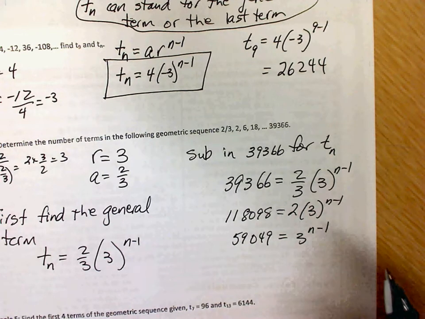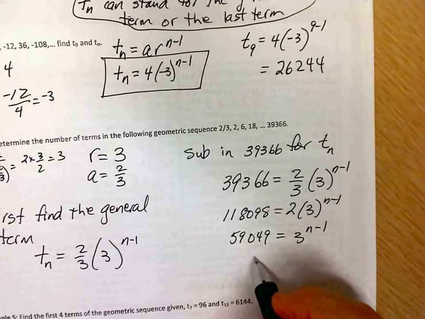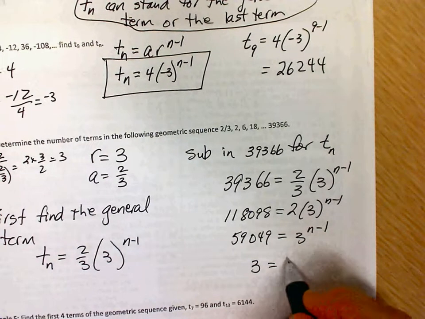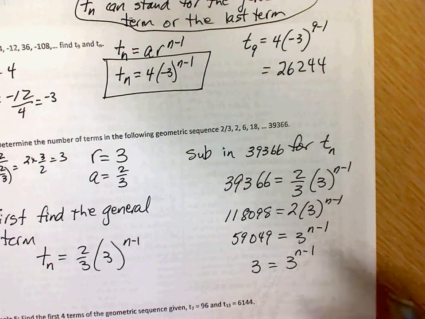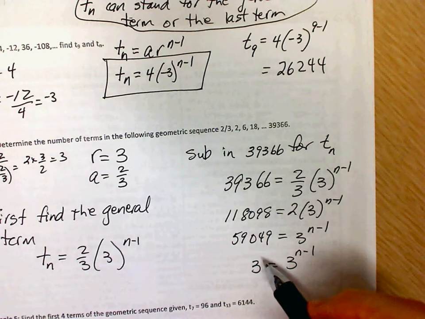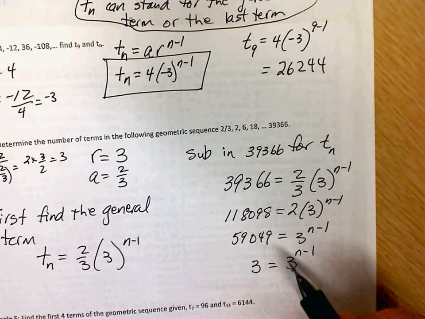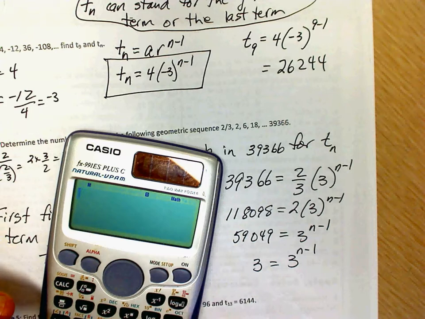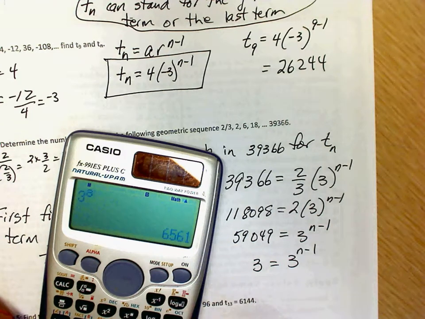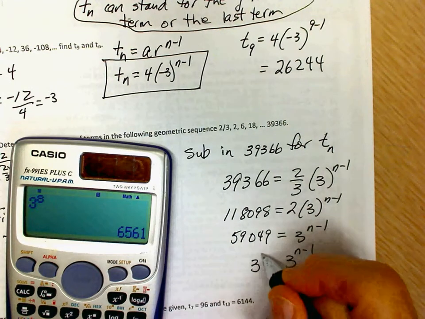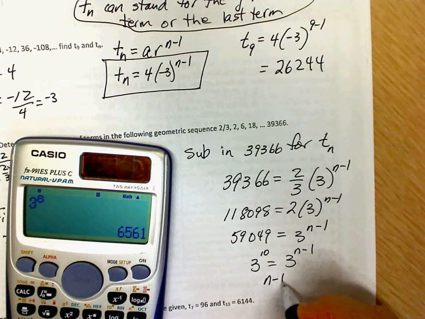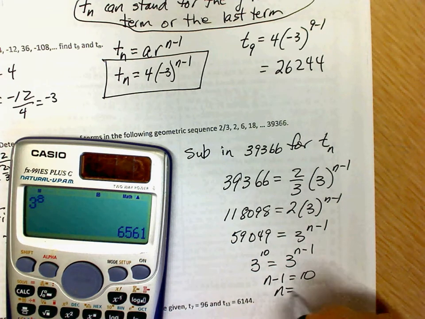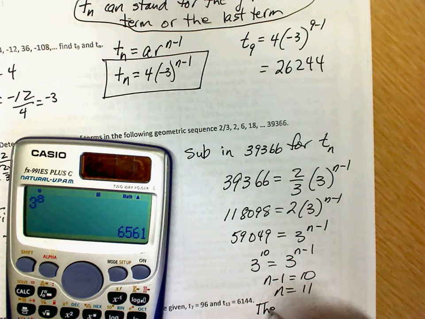So we can get a common base here. 3 to what exponent equals 59049? Just try different values. 3 to the exponent 10 works. So n minus 1 equals 10, n equals 11. There are 11 terms.